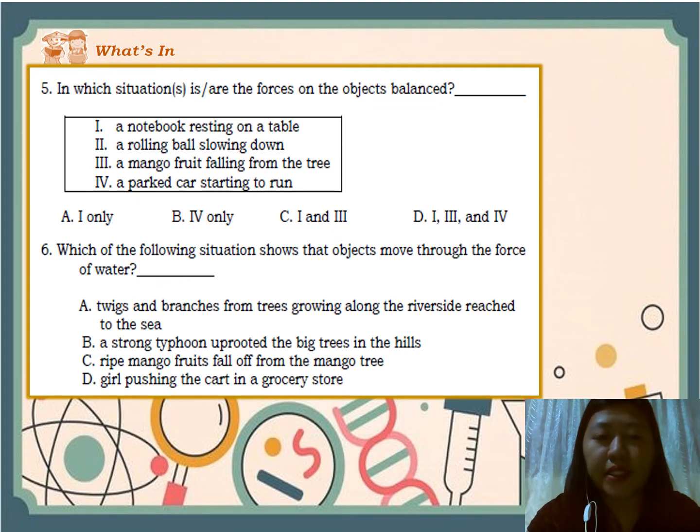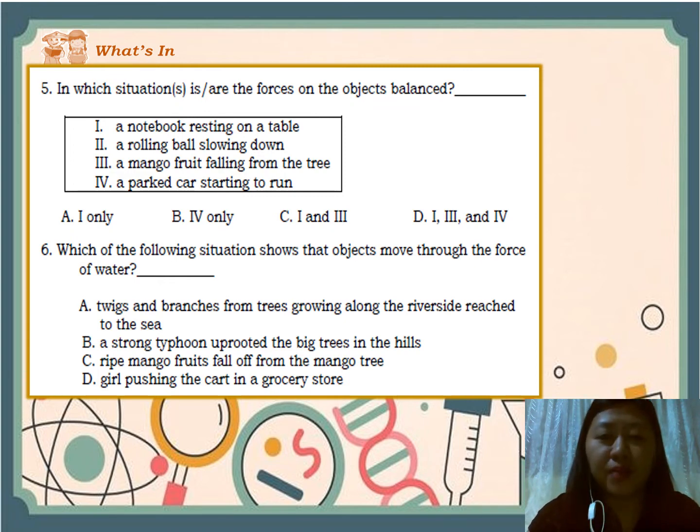A parked car starting to run. So is it letter A, 1 only, B, 4 only, C, 1 and 3, D, 1, 3, and 4? What do you think is the correct answer? All right, so the correct answer is letter A, 1 only.